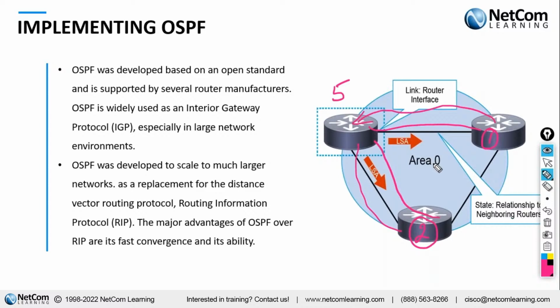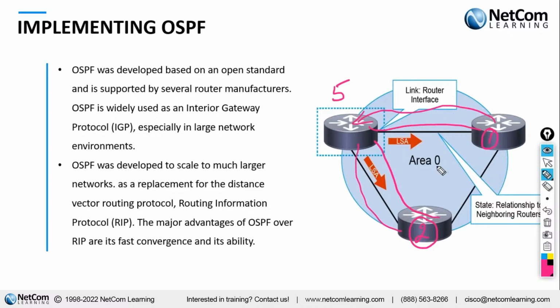And this one is area 0, which is our starting point, okay? You also remember, like I mentioned before, OSPF is an interior gateway protocol. So this basically works in one autonomous system, okay? And OSPF is basically designed for medium to larger networks, okay?